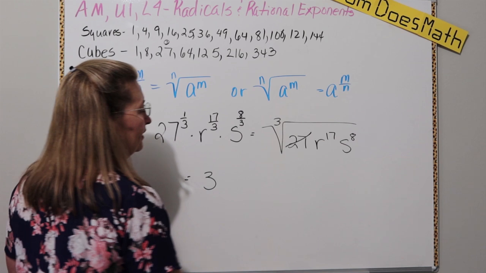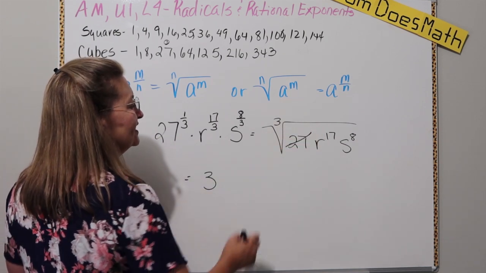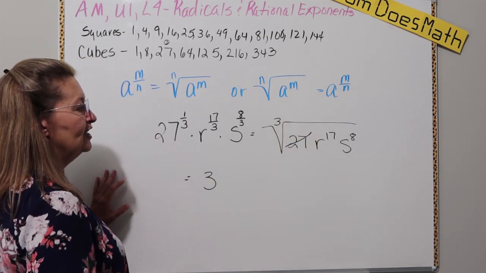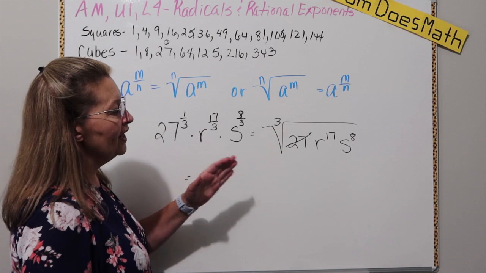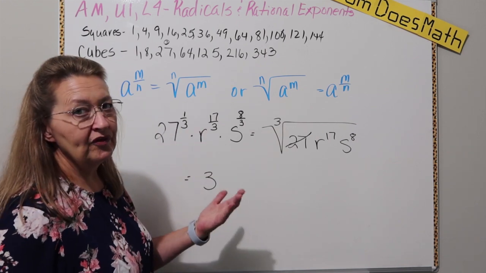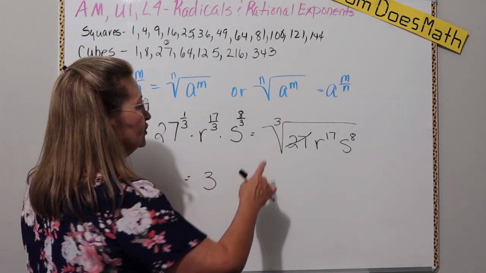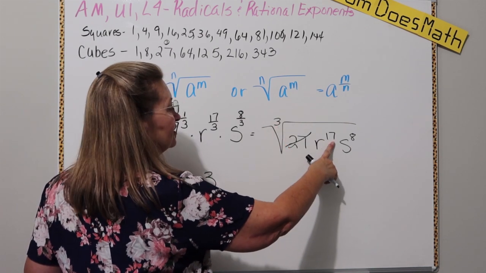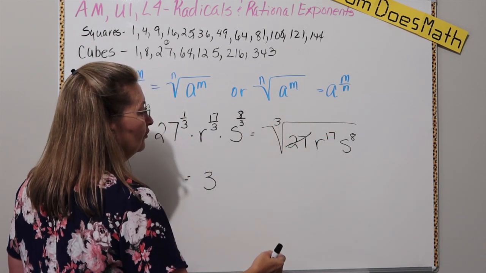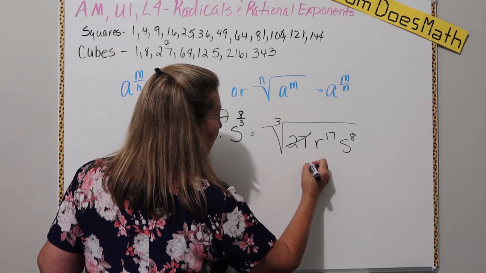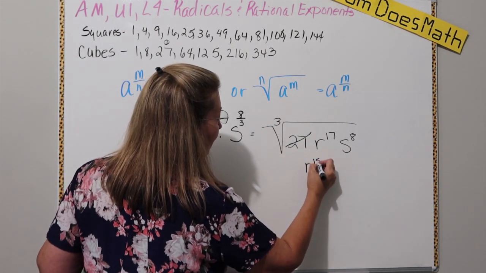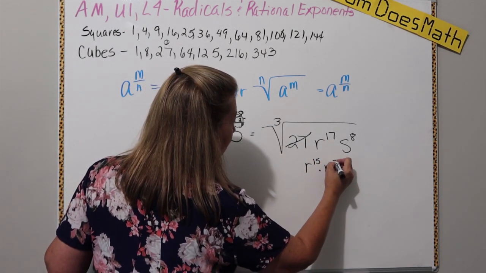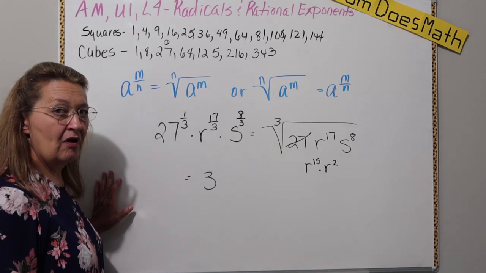Now I took care of that. What about the R to the 17th? Remember, what you look for now is multiples of your index. So what is a multiple of 3 that is close to 17 without going over? Well, how about 15? So I could have R to the 15th, R to the 2nd.